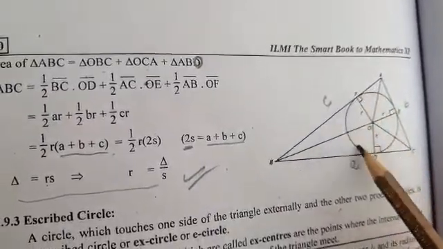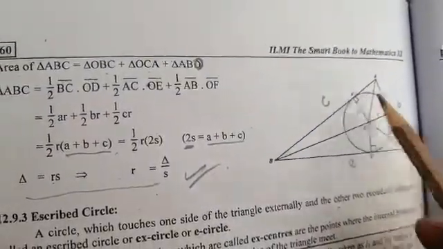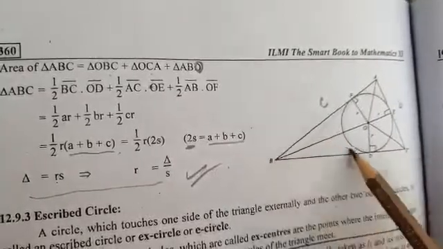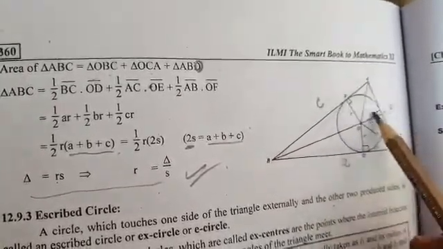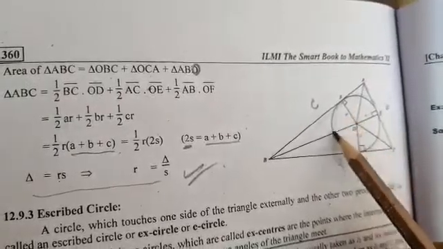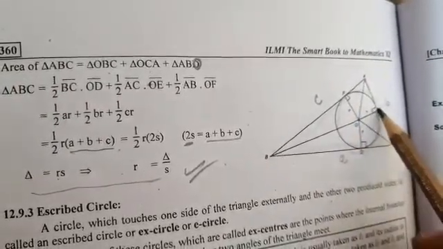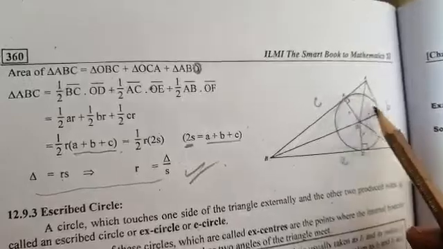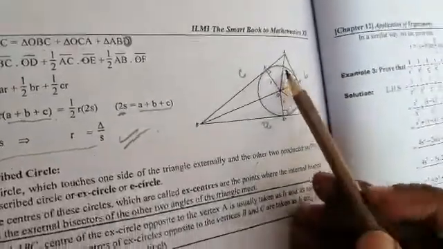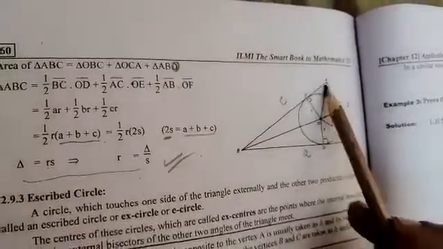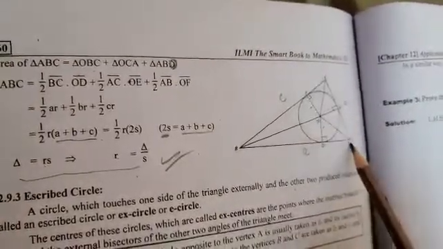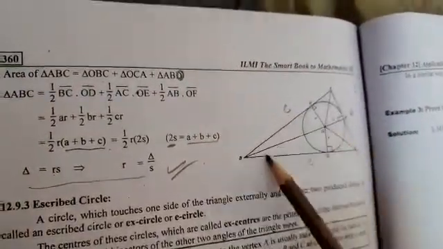We have taken one circle and one triangle such that this circle touches all the three sides of triangle from inside. Now we have taken three angle bisectors like this OA, OB, OC.